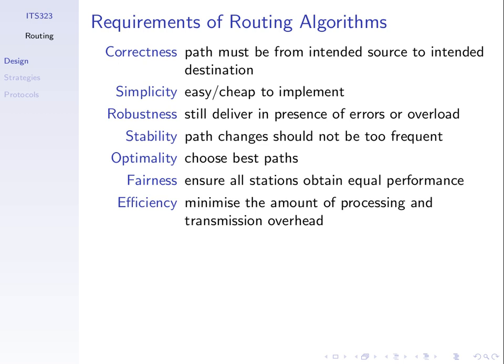Fairness is a difficult one to describe. Fairness is about trying to choose paths which are fair to all stations, to all nodes in the network. A simple but maybe a little bit unrealistic example is, we have some network. These are switching nodes.